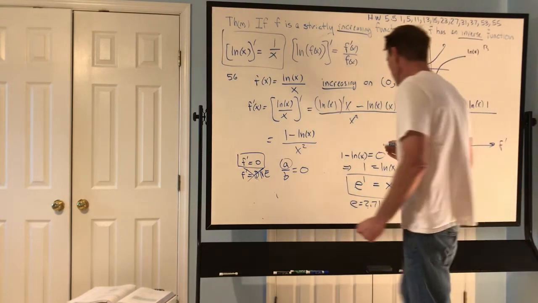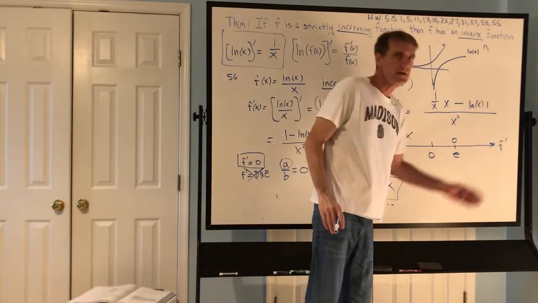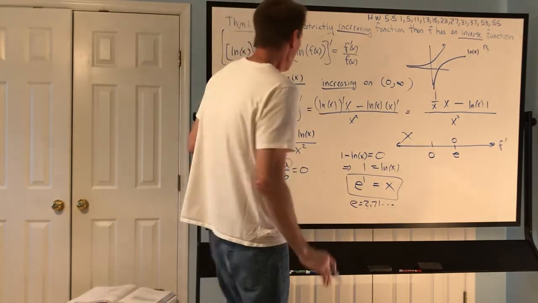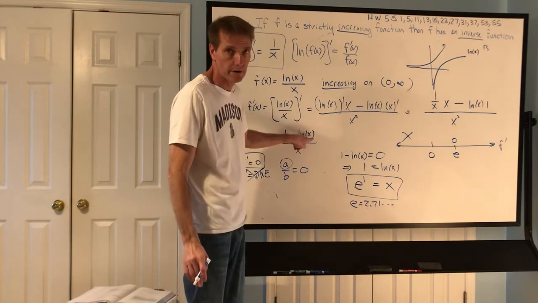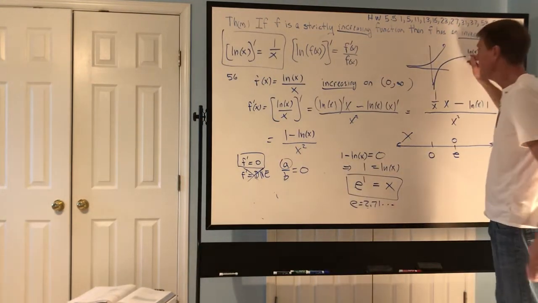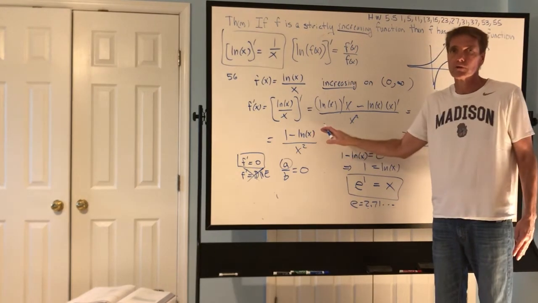Okay, so now let's pick a number that's bigger than e, like a trillion. If I put a trillion in here, natural log of a trillion is definitely going to be bigger than 1. This grows slowly, but it's definitely bigger than 1.